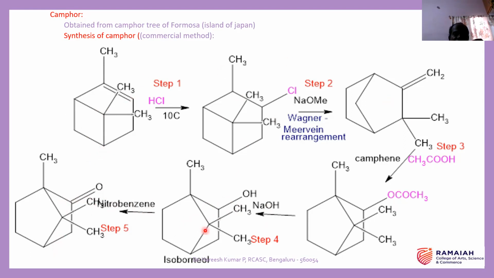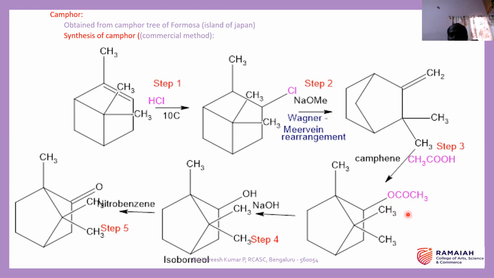It is a commercial method. In the first step, it's an addition reaction. In the second step, Wagner-Meerwein rearrangement. In the third step, acetic acid is involved. You know that acetic acid is a solvent that itself is involved in the reaction, and the obtained one is called the acetoxy derivative.